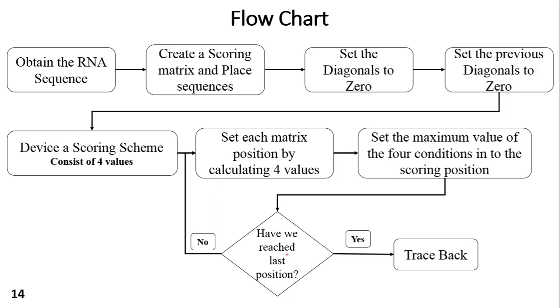If that is the case and you have reached the last position in your S matrix, then you can proceed to the traceback. If you have remained with a few boxes that are still empty in your S matrix, you would again set that matrix position by calculating the 4 values, find out which one is the maximum, and repeat the same procedure till you populate all of the positions in your S matrix.